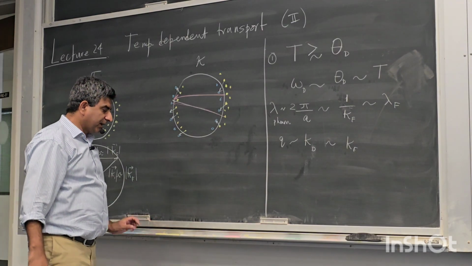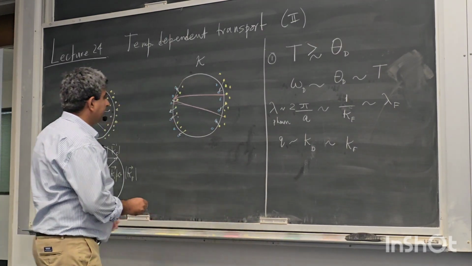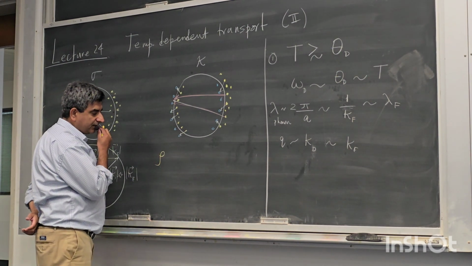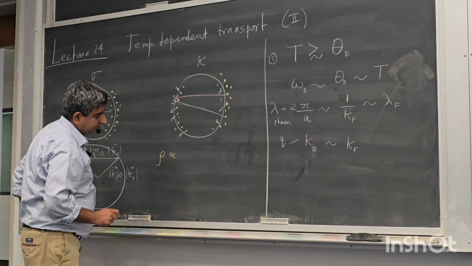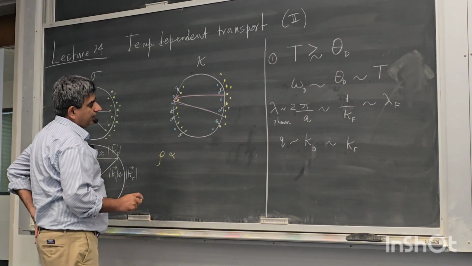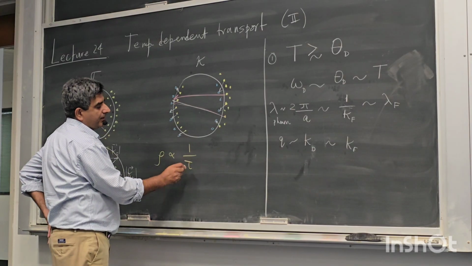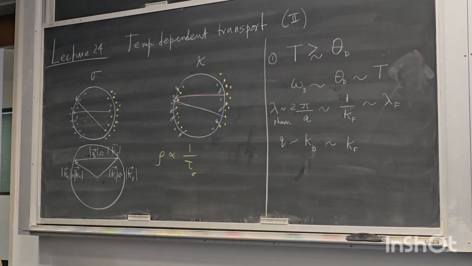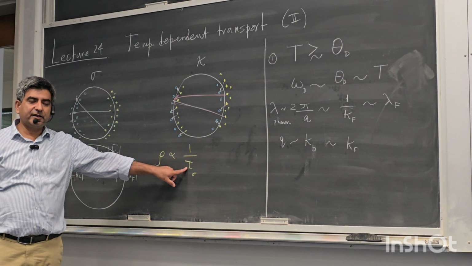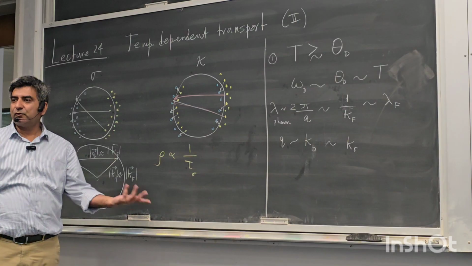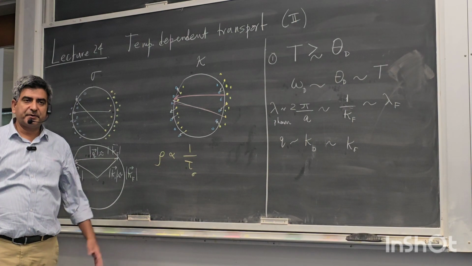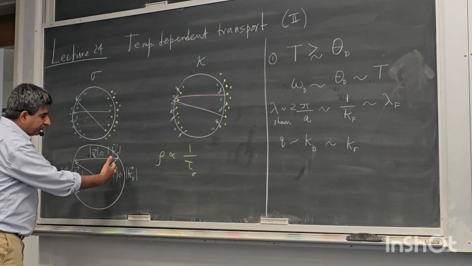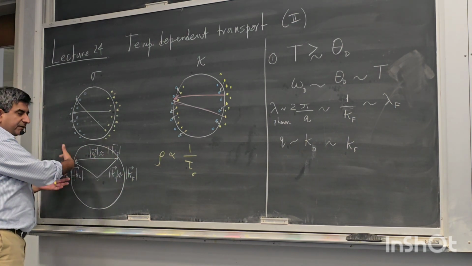Now, if you look at the formulas for electrical conductivity, rho we've seen is proportional to 1 over tau sigma. All right. Now, this scattering depends upon the number of phonons that are available at temperature T. And the phonons, of course, have the correct wavelength to enable this momentum reversal process.